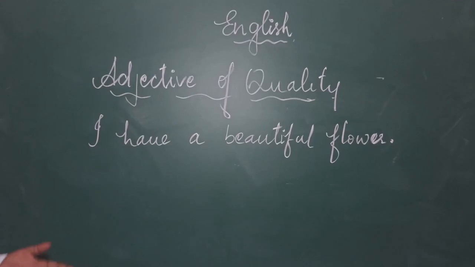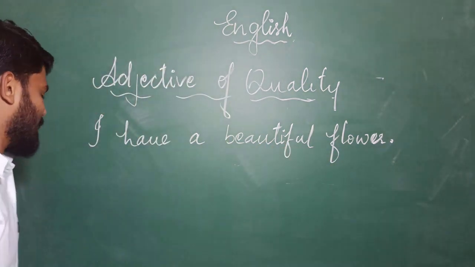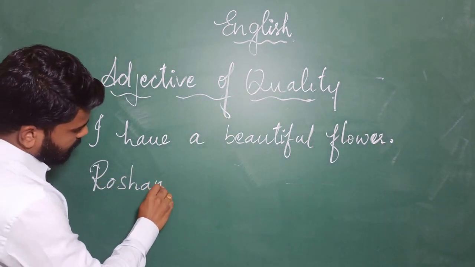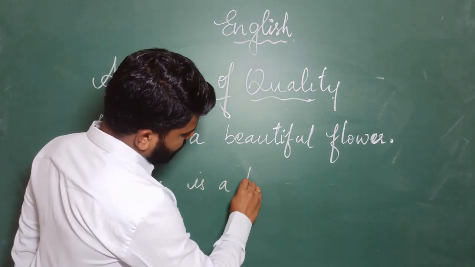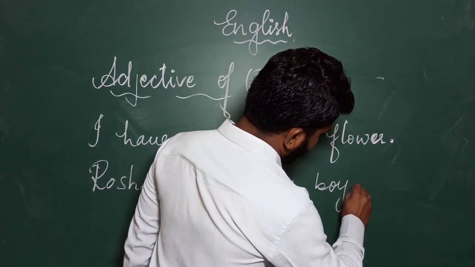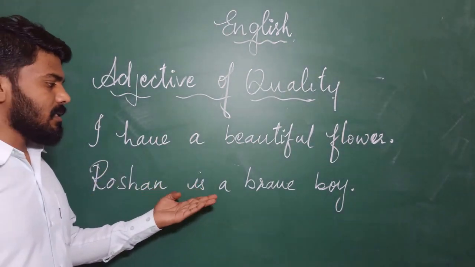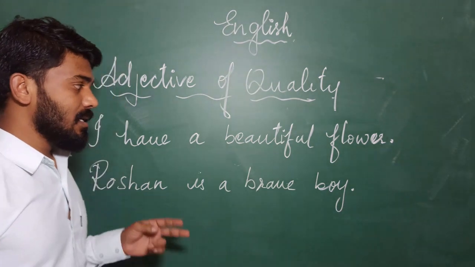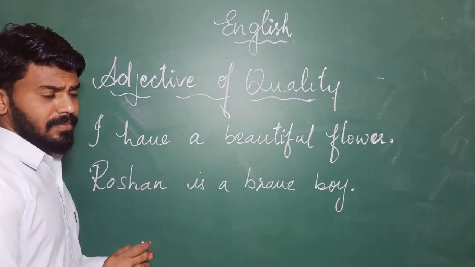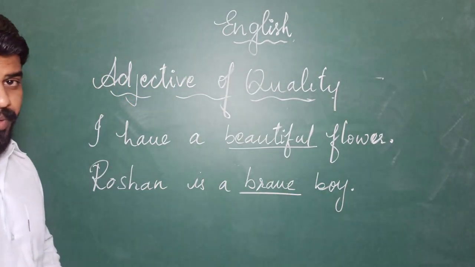So here is a sentence: I have a beautiful flower. In the second sentence, Roshan is a brave boy. There are 2 sentences here. In these sentences, there are adjectives, beautiful and brave.